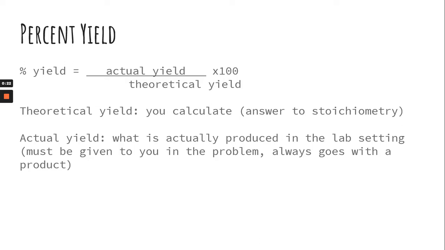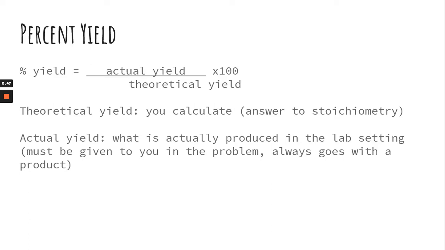So it's looking at how much you should have gotten versus how much you actually got. For example, if you're following a recipe and it says it should make 24 cookies, but you only make 20 cookies, then it's comparing how well you did at baking those cookies. That's kind of like what percent yield is.